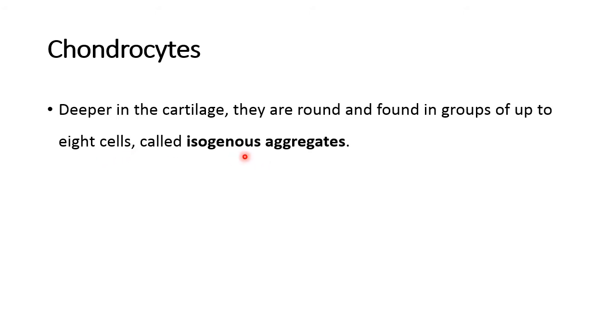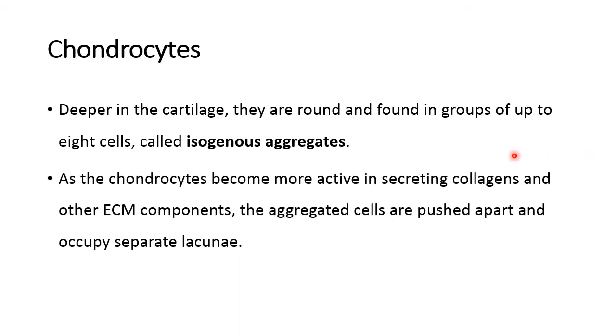They are called isogenous aggregates. The isogenous aggregates are common in the deeper part of the cartilage, the center of the cartilage.